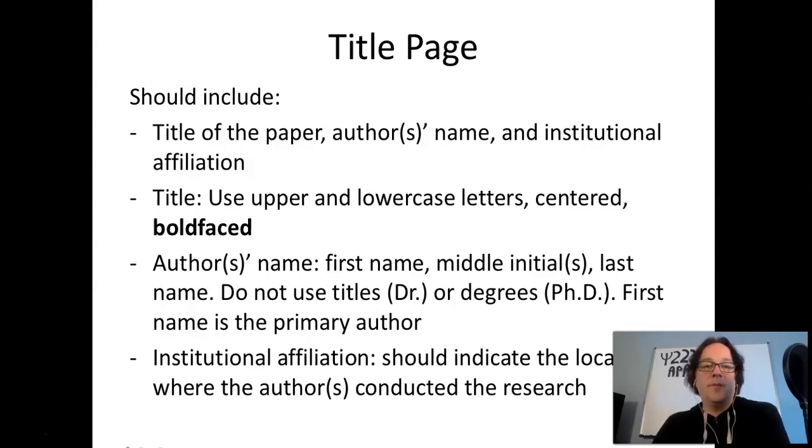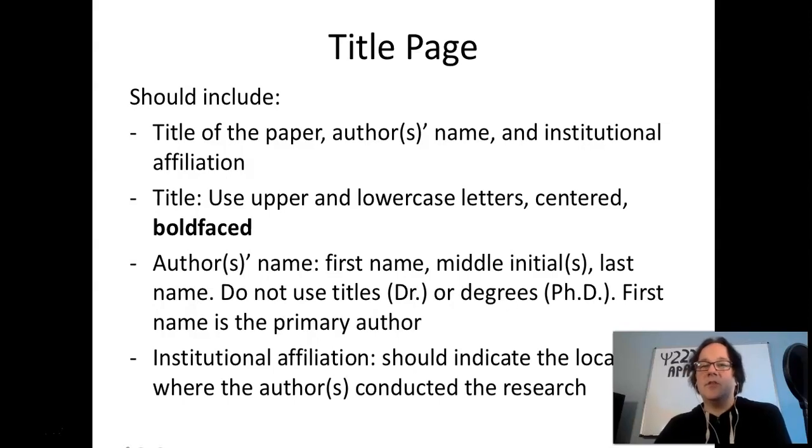The author's name should include their first name, middle initial if they have one, and their last name. So you don't use titles such as doctor or degrees. You don't need to list them. The first author, so who should come first? Who do you list first? That's going to be the primary author of the paper.